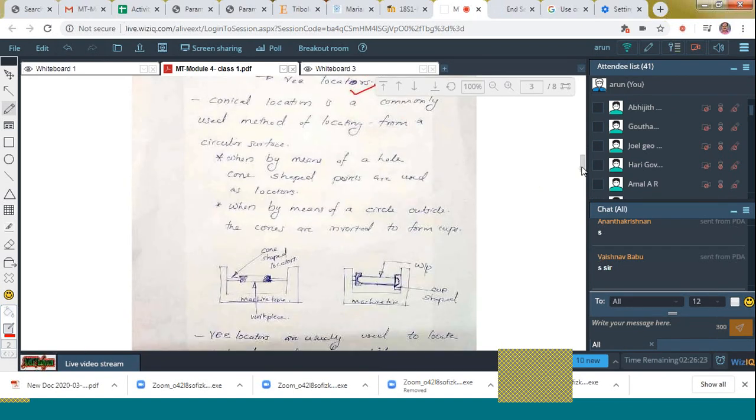So in the case of conical, you can see that it can be by means of a hole and by means of a circular surface inverted to form the cup. You can see the figure there. Here it is locked by means of what? Can all of you see this? I shall zoom it.